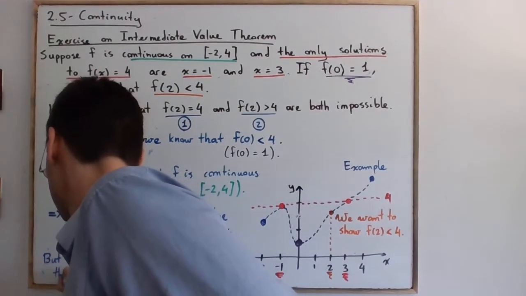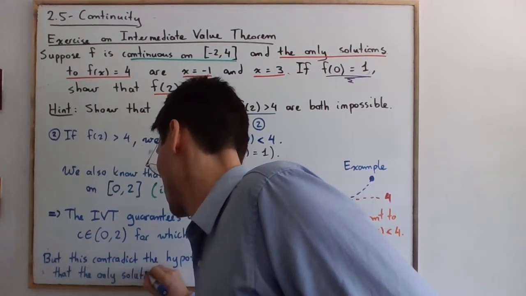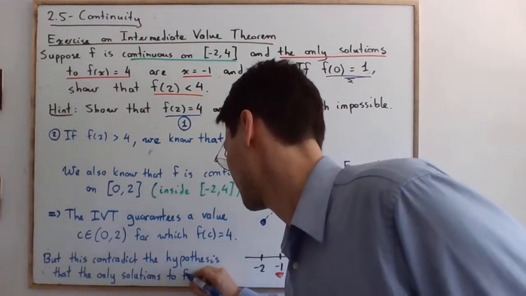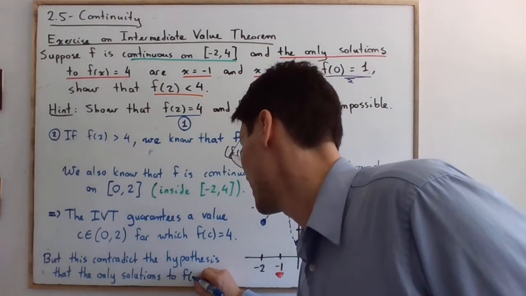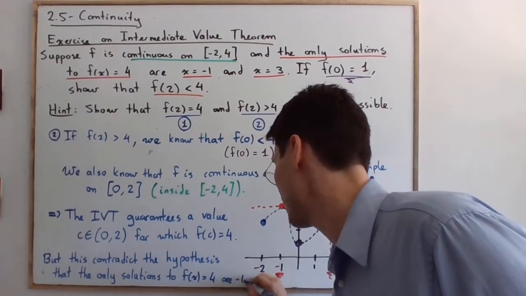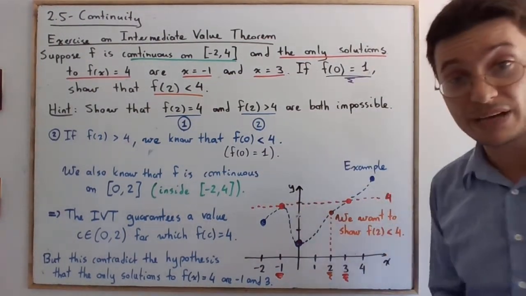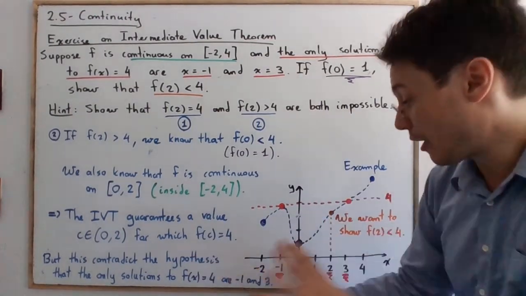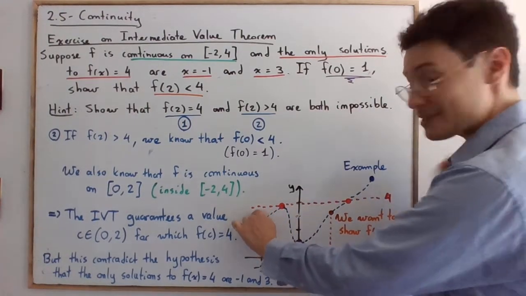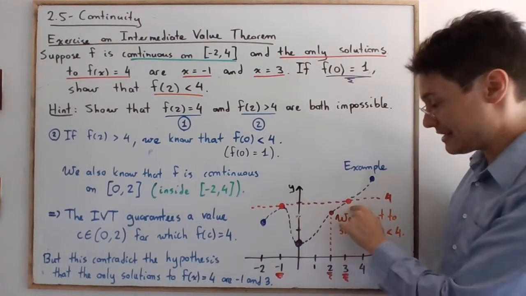that the only solutions to f of x is equal to 4 are -1 and 3. Okay, now I will be forced to erase the drawing, but I will use it to explain that last part of the proof, okay? So remember, the red statement, what it meant is that the only time the function is somehow crossing this red line is here and here.